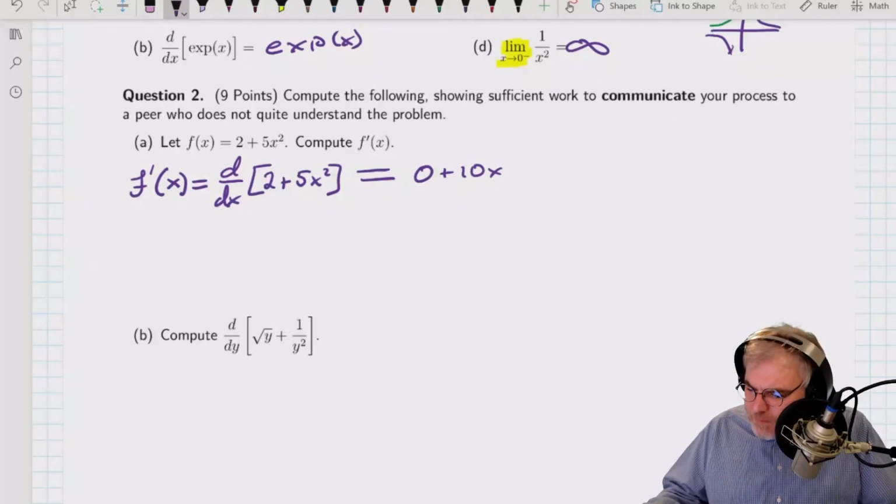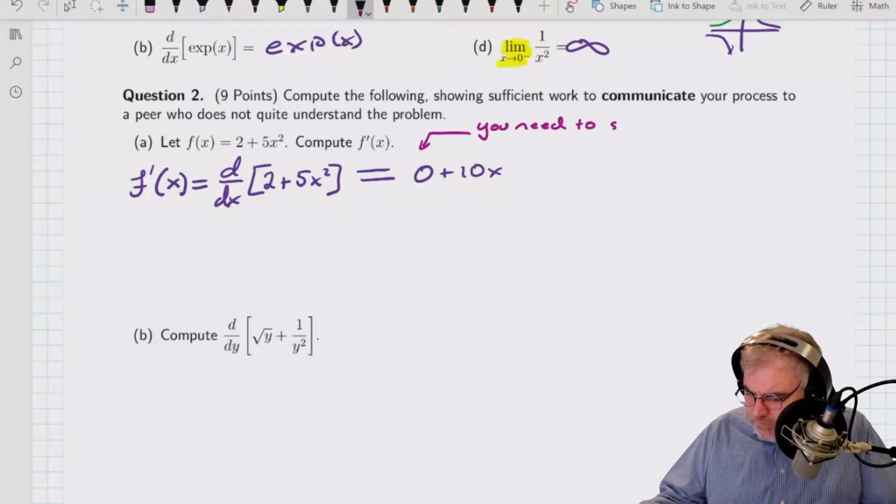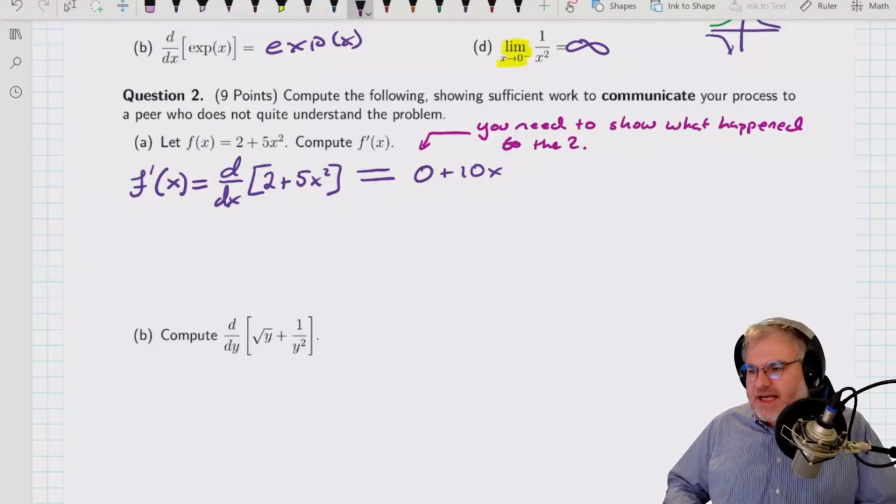The only thing that's really important here, communication-wise, is you must have that 0. So simply writing 10x ain't going to do it.